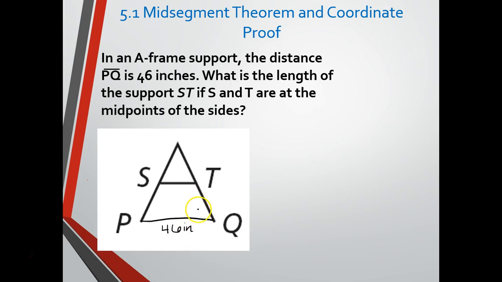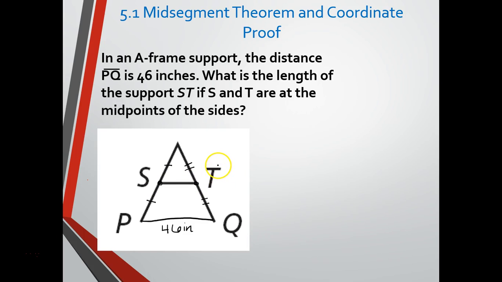Okay, it asks us what is the length of the support ST if S and T are the midpoints of the sides. So what it's saying is this is equal to this, and this side, and this right here, they're both congruent. These two are midpoints of both of those sides.